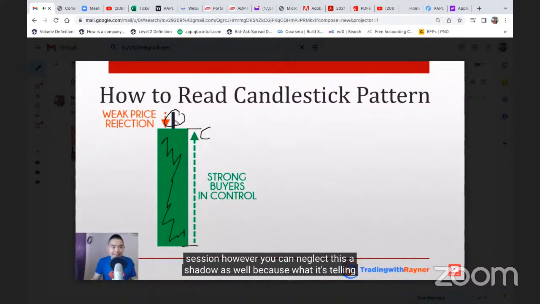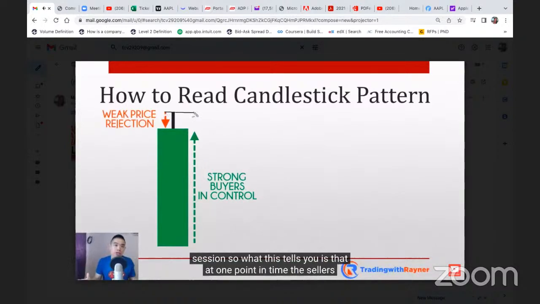However, you can't neglect this shadow as well, because what it's telling you is that there is price rejection, a rejection of higher prices. If you think about this, this was once the highs of the session. So what this tells you is that at one point in time, the sellers actually pushed the price from these highs down lower, until the price closed over here.